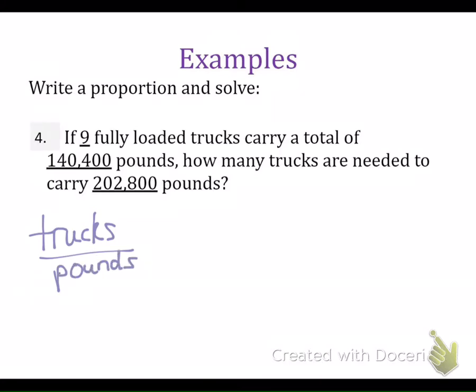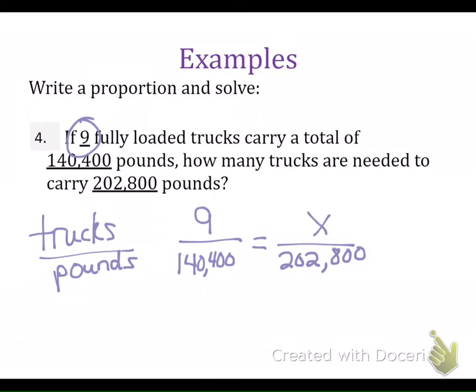In our first one, we had 9 trucks per 140,400 pounds. So we're doing trucks over pounds. That's going to be equal to, it asks us how many trucks to carry 202,800 pounds. So our pounds are on the bottom, so we're going to put the pounds that we know on the bottom.